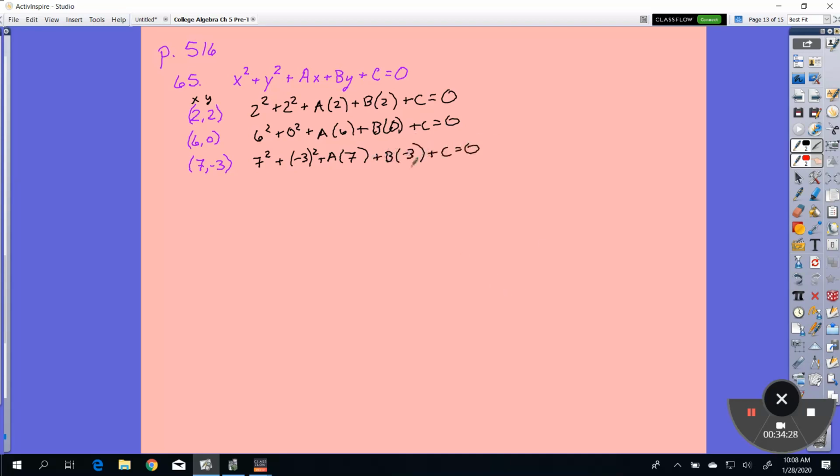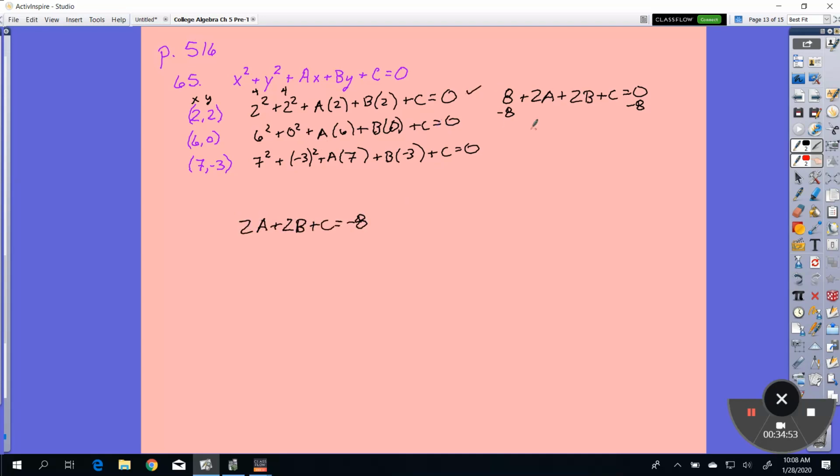So I now have 3 equations with 3 unknowns. I'm going to simplify them down. 2 squared is 4, another 2 squared is 4, so that makes 8. So I have 8 plus 2a plus 2b plus c equals 0. So now I'm going to minus the 8 over. So I have 2a plus 2b plus c equals negative 8. So that's the first one.